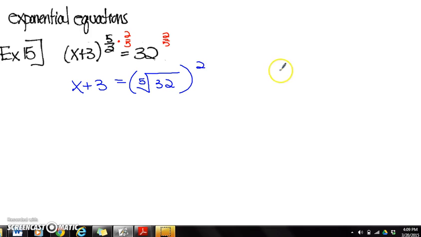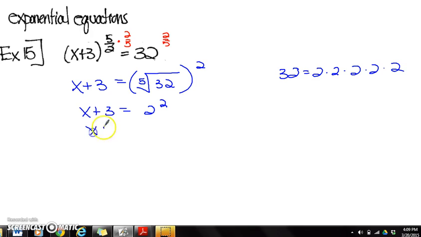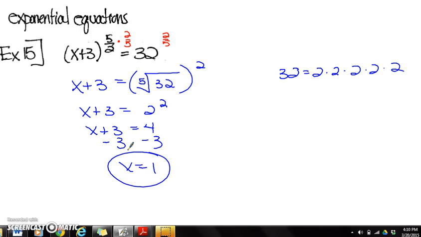Well, I hope you guys know that 32 is 2 times 2, which is 4, times 2, which is 8, times 2, which is 16, times 2, which is 32. 2 to the 5th power is 32. So the 5th root of 32 is just 2. You get x plus 3 equals 2 squared. X plus 3 equals 4. Subtract the 3. X equals 1.